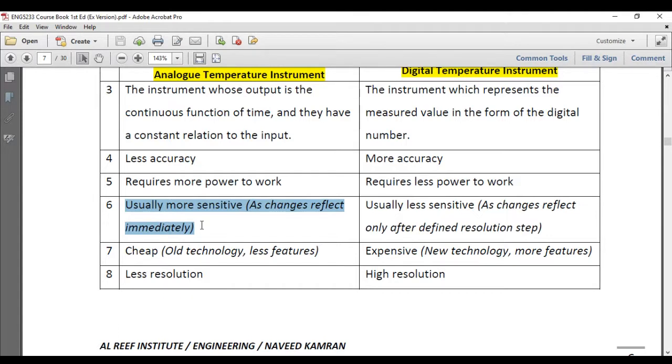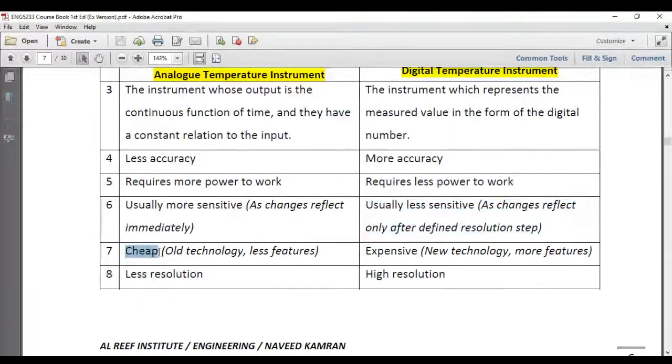So as soon as the input is changing, the needle also immediately moves and it shows the change happened in the parameter which you are observing. So that's how the analog meters are slightly more sensitive. Digital meters are usually less sensitive as the changes reflect only after the defined resolution step, as I just explained about the digital speedometer and analog speedometer.